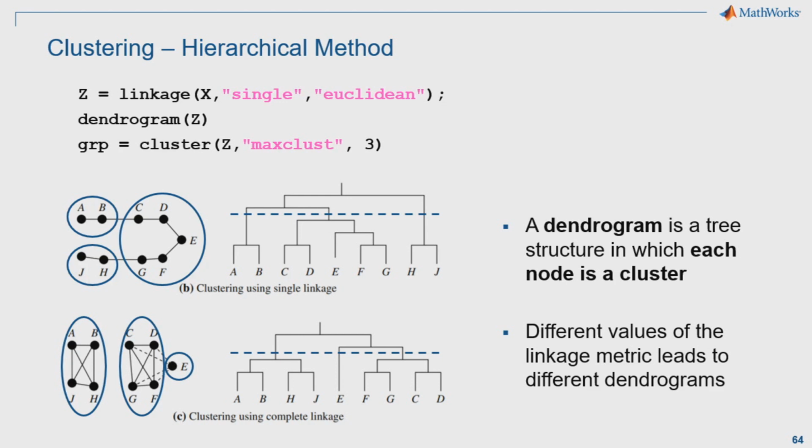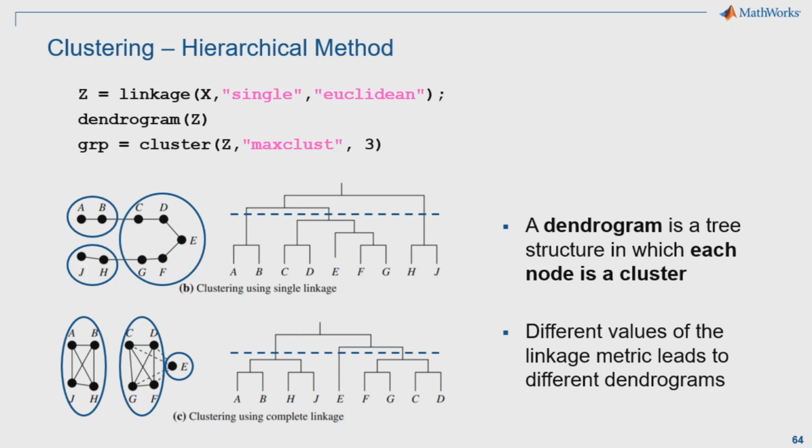The linkage function takes as input the data matrix X, also a linkage metric, here, for example, I select single, and also a metric to measure the distance or similarity between data points. So you require, again, two different distances.